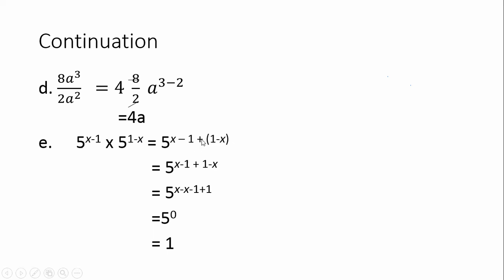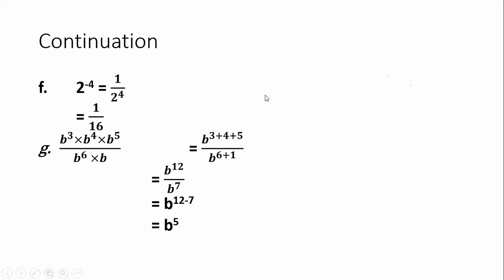When you open the bracket, because this is a positive sign, the number will repeat itself. So you collect the like terms, that will give us x minus 1 plus 1. x minus x is 0, minus 1 plus 1 is 0. So that's 5 raised to the power 0. And by the third law, that's 1. For anything raised to the power 0 gives us 1.